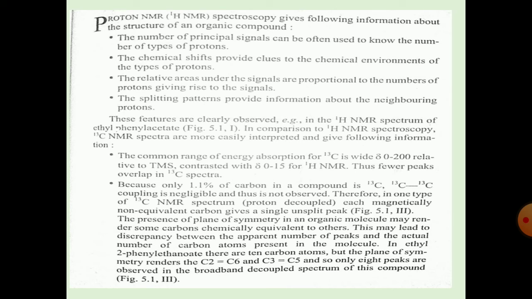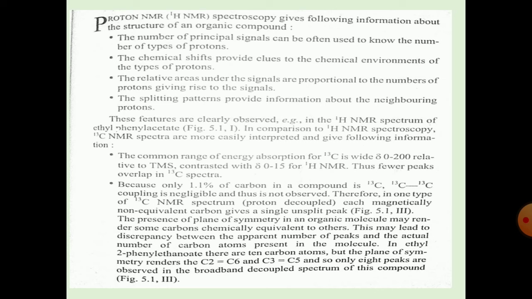Because only 1.1% of the carbon in the compound is C13, there is no C13 coupling to neighboring carbons and thus it is not observed. Therefore, in one type of C13 NMR spectrum, proton decoupled, each magnetically non-equivalent carbon gives an unsplit peak.